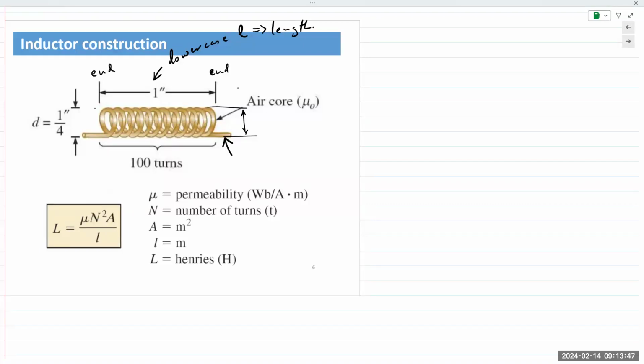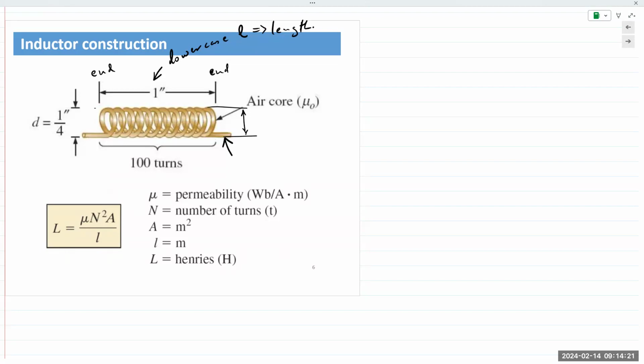And then, of course, the center of the spiral coil is known as the core of that inductor. There can be air core inductors or ones with ferromagnetic materials. You could insert iron, nickel, cobalt, any kind of magnetic material which has high permeability. Permeability is the ease with which magnetic flux lines can be established through that material.